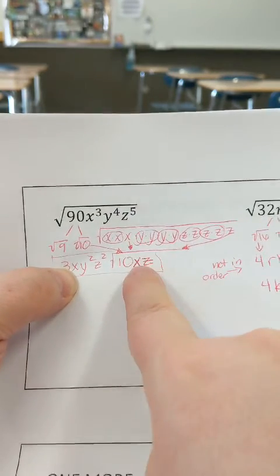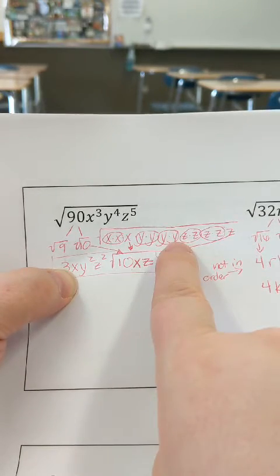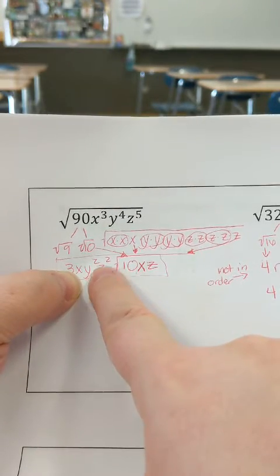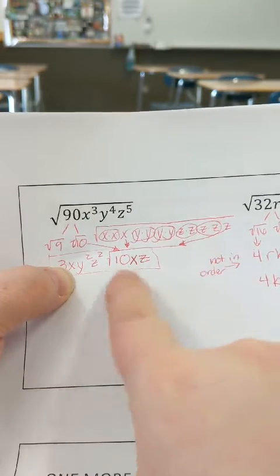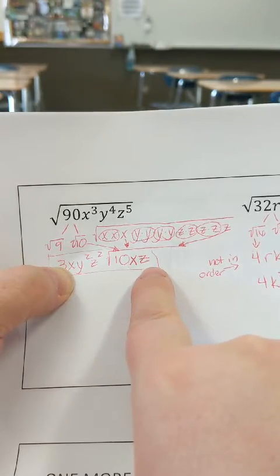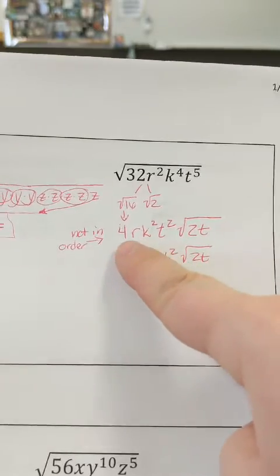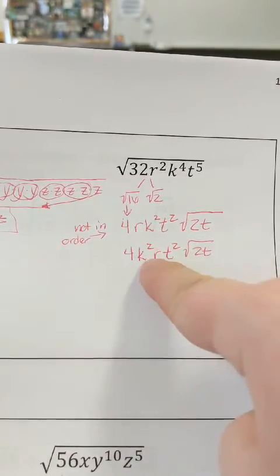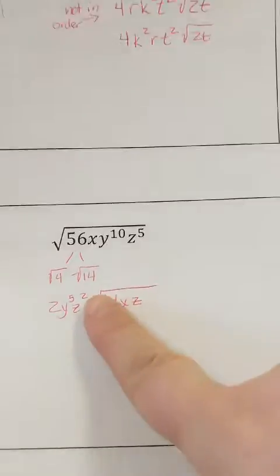There's one by itself, so it has to stay underneath the radical. Then we have 2 groups of y's, so that came out as y squared. Then we have 2 groups of z's that can come out, and then one of the z's is left. Okay, and then on this one, same kind of thing. This right here is not in alphabetical order, so then I just reordered it down here. Then you should be able to look that one up, okay?